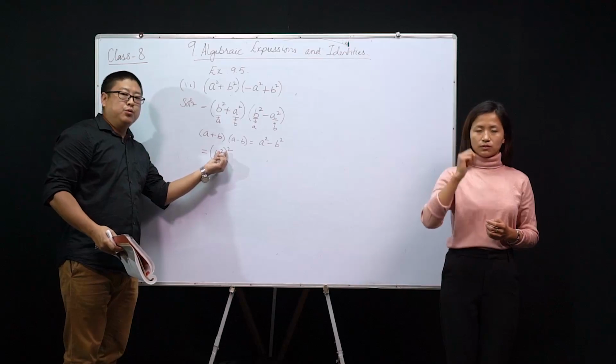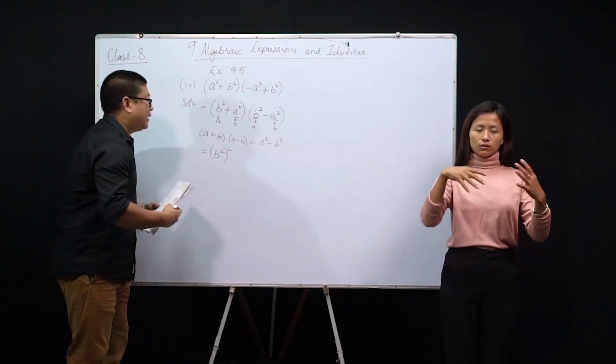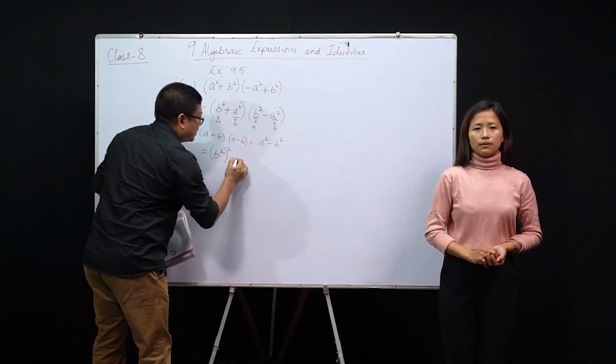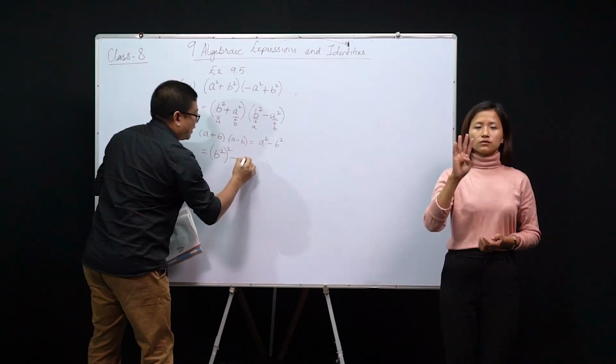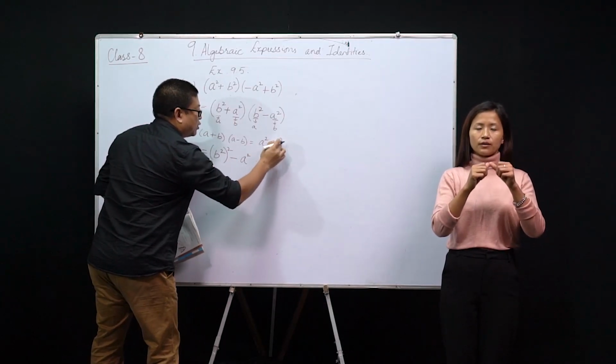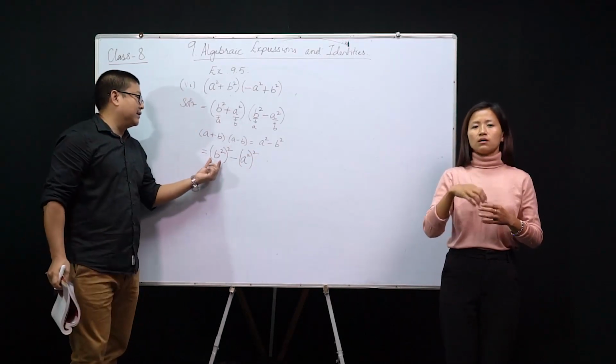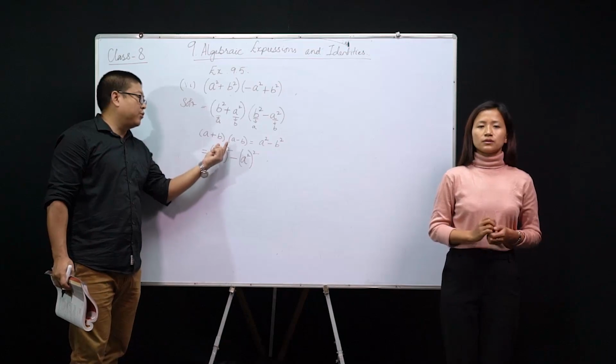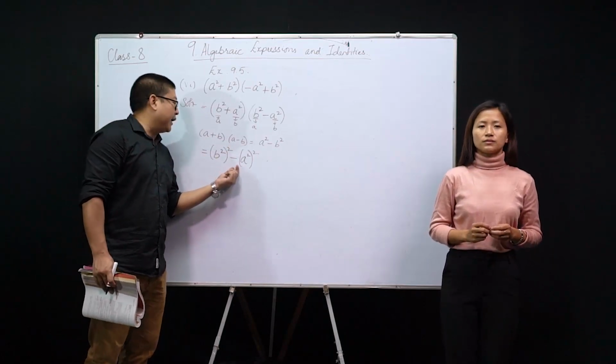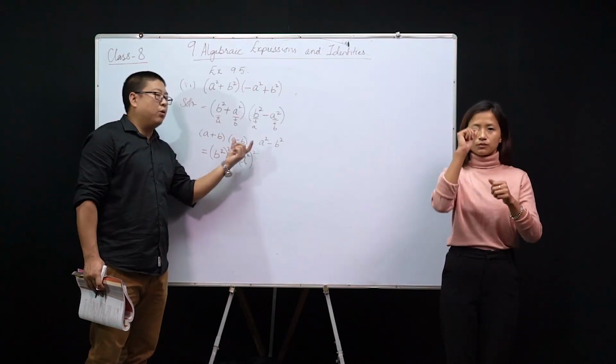(b to the power 2) the whole square, minus, for b, I will write a square. And there's one more square, so I will put the square outside again. So it will look like this: (b to the power 2) the whole square minus (a to the power 2) the whole square.